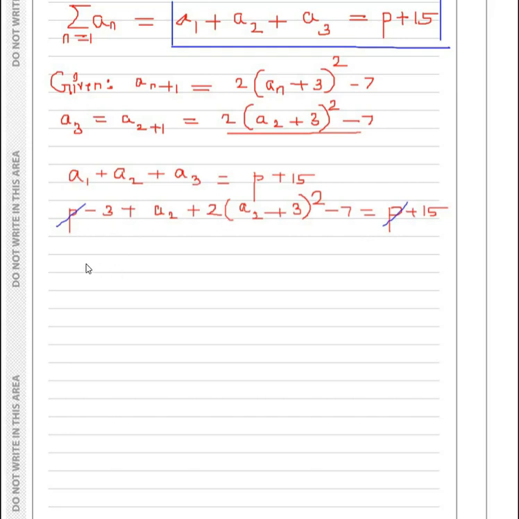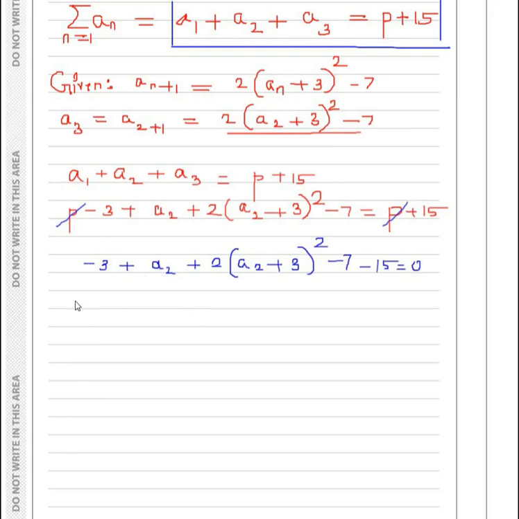So we are left with minus 3 plus a2 plus 2 a2 plus 3 the whole square minus 7. Let me get 15 on this side, so it becomes minus 15 equals 0.